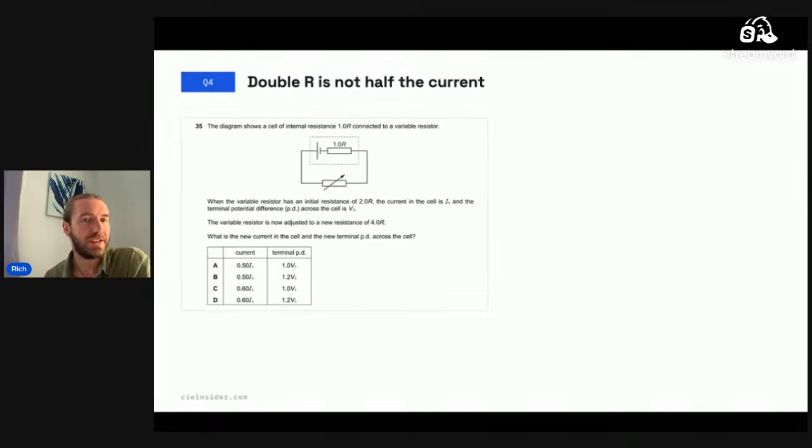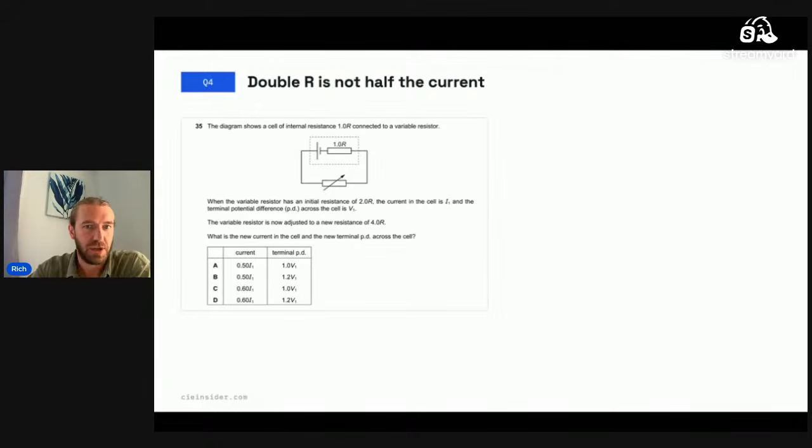It certainly did not double. The resistance did not double, so the current must not have halved. So A and B are out straight away. Obviously, given that C and D are both 0.6 I1, that shows that that must be the correct current.